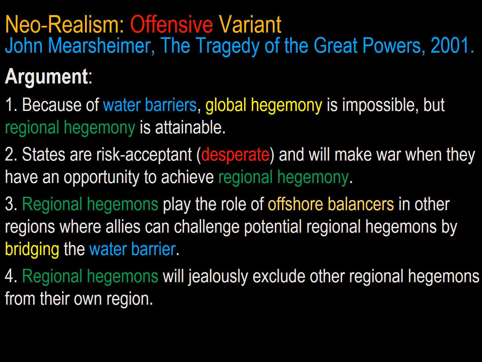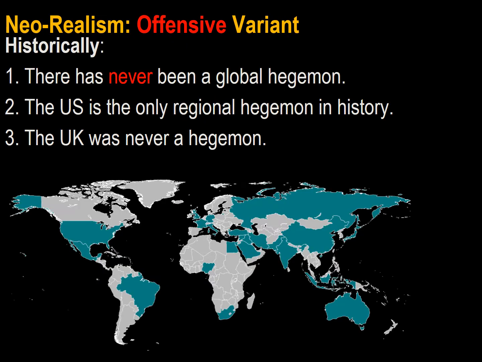Number 4. Regional hegemons will jealously exclude other regional hegemons from their own region. So of course, India and China would prefer if the US withdrew its forces from their region. So for offensive realists, historically, there has never been a global hegemon.